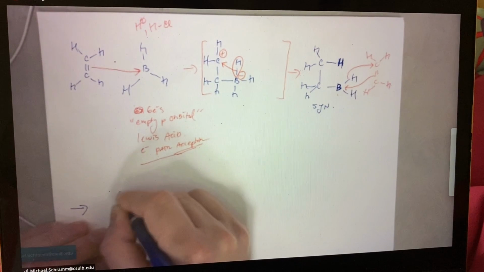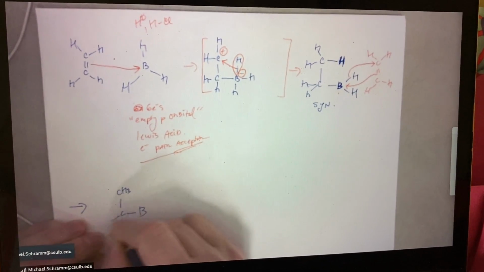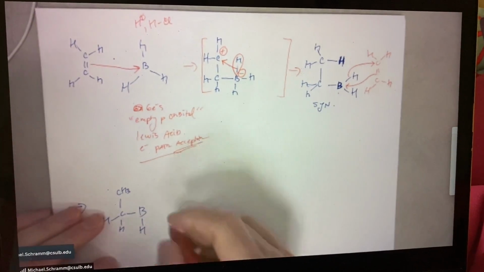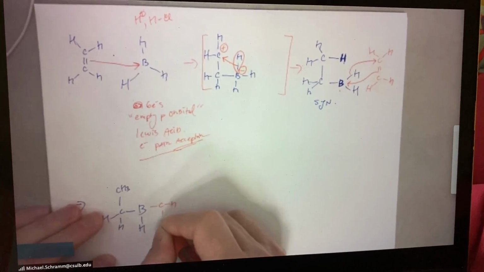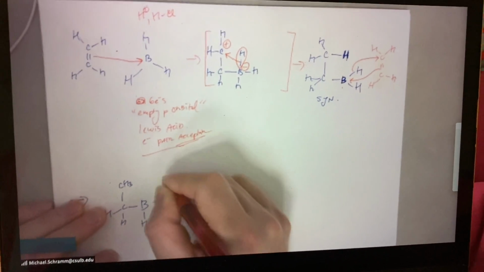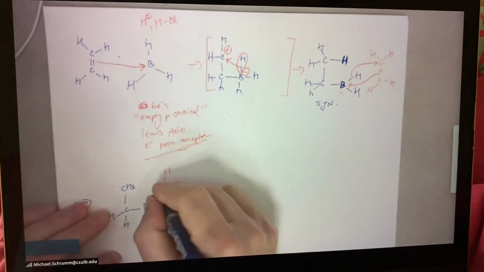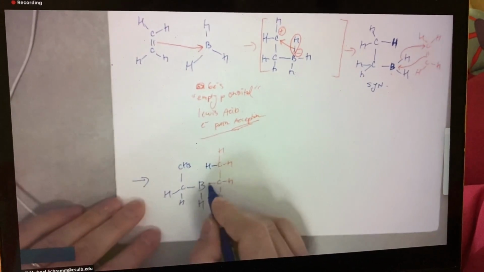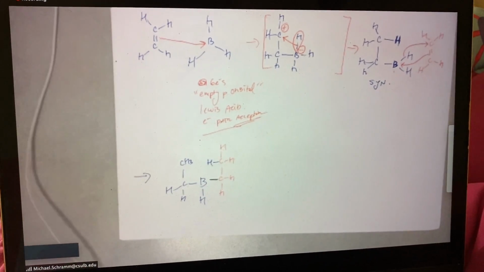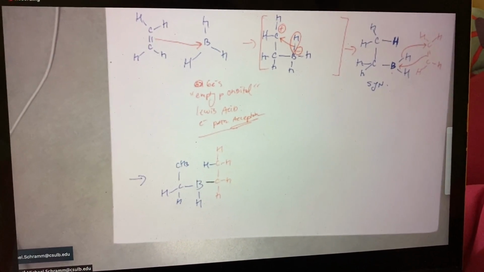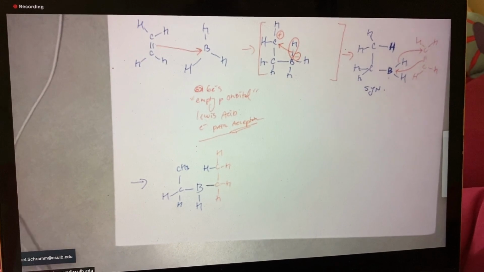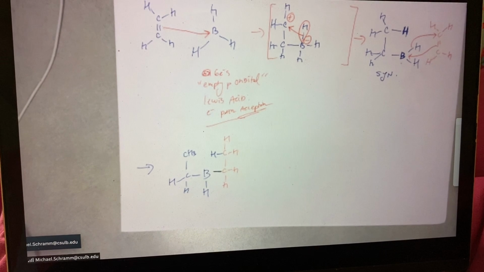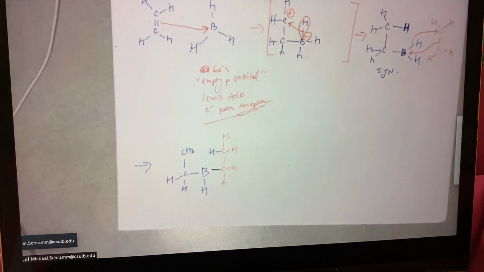So, for the time being, it looks like boron has done this cycle 2 times. So now we've added a second molecule of ethylene to boron. Kind of strange. It's going to go 1 more time.